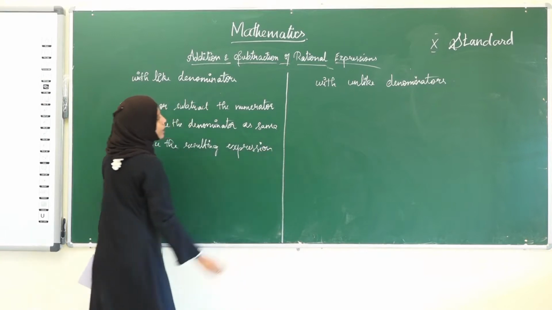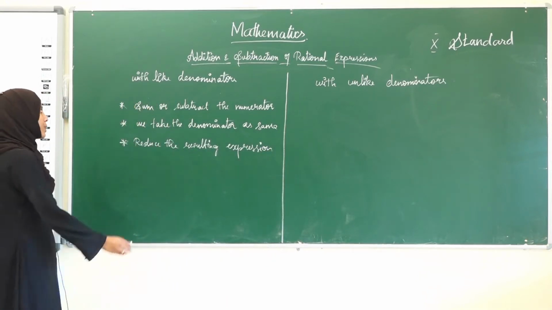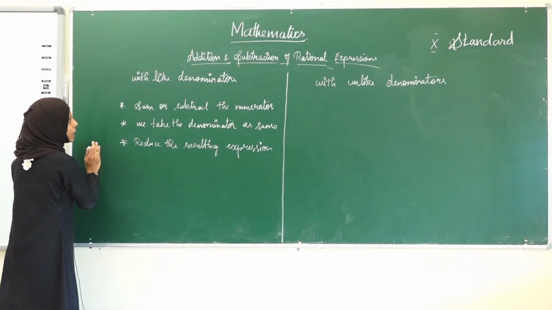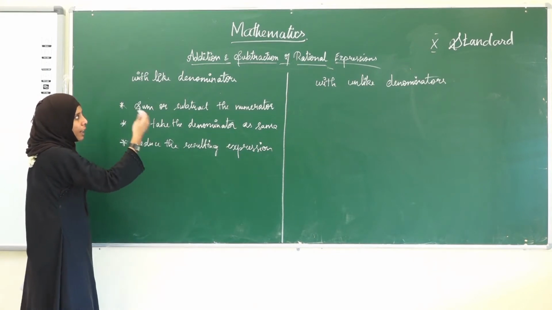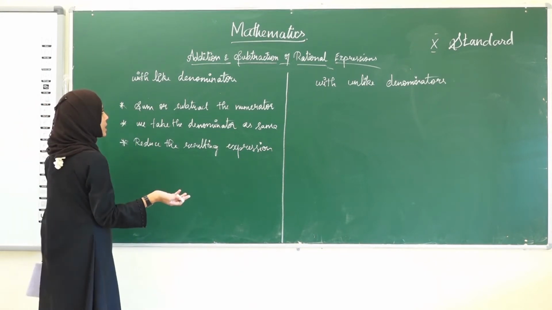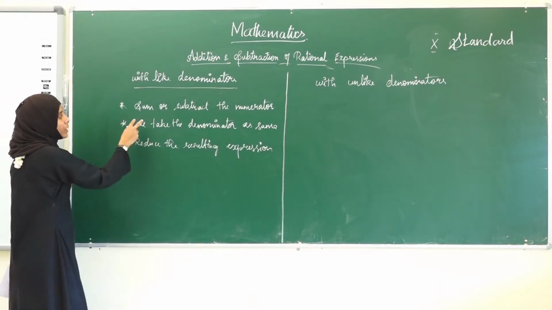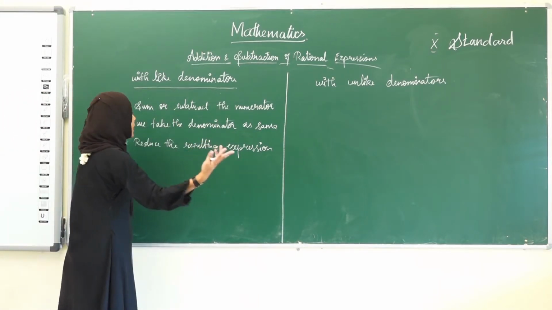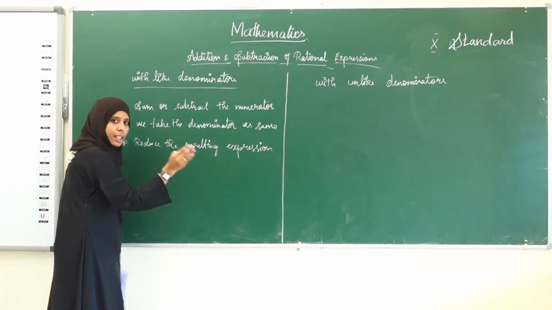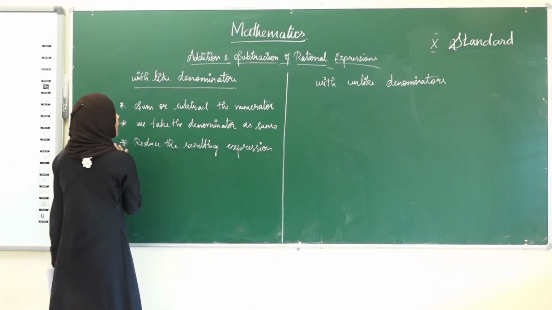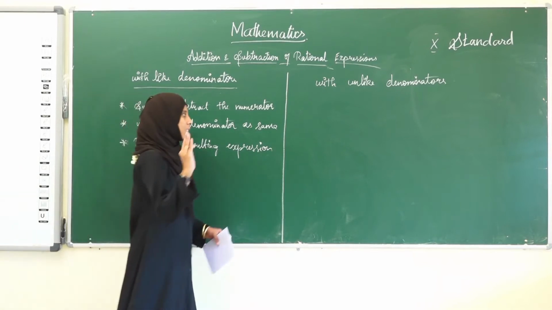So these are the three steps to add or subtract two rational expressions with like denominators. We first add or subtract the two numerators, then we take the denominator the same as in the question, and we reduce the resulting expression.